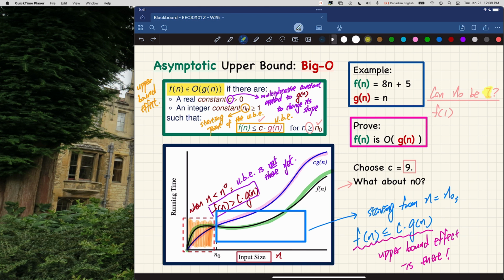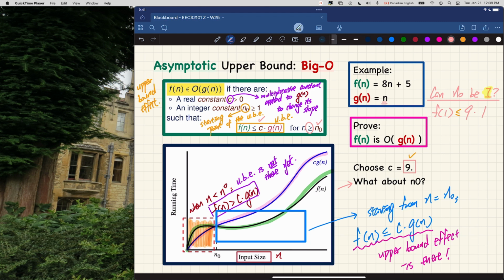Okay, so let me just highlight it. The 1 here, we want to make sure f of 1 is less than or equal to, and we choose C to be 9, 9 times g of n, which will be just n. And the n here is just 1, basically.